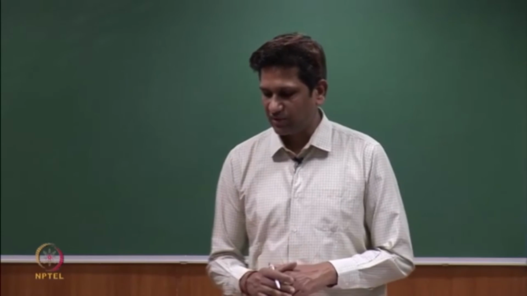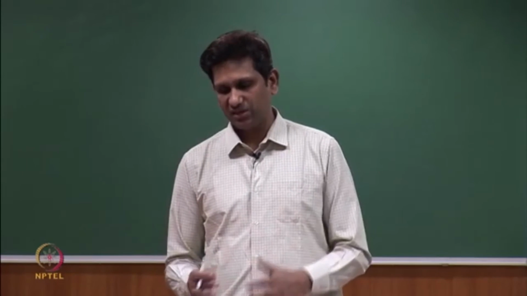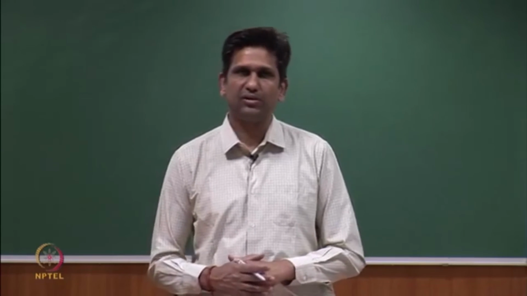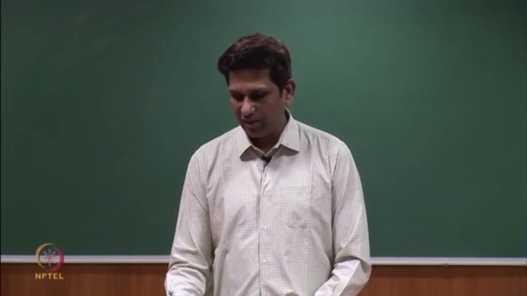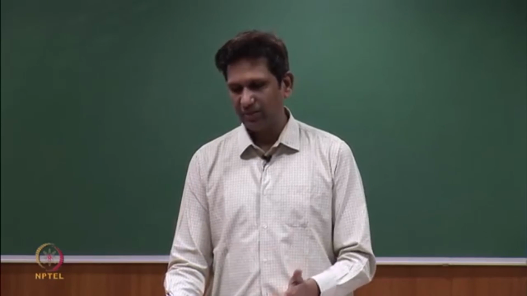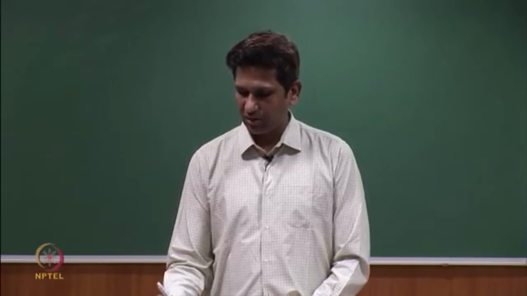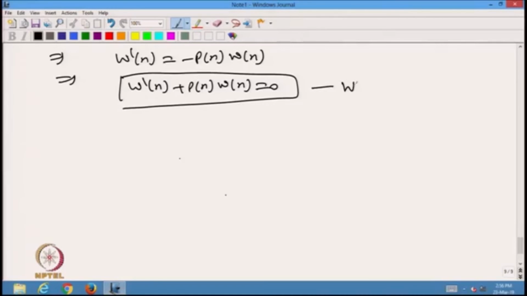This is always true: whenever we put the Wronskian in the differential equation, we come up with a first order linear differential equation satisfied by the Wronskian. So this equation I call the Wronskian's equation.